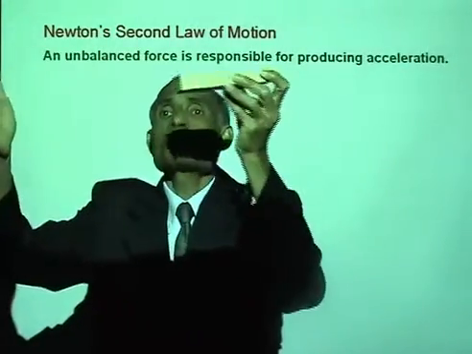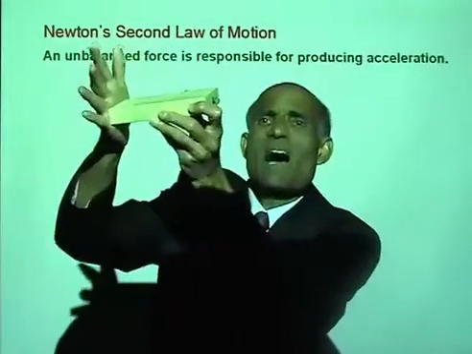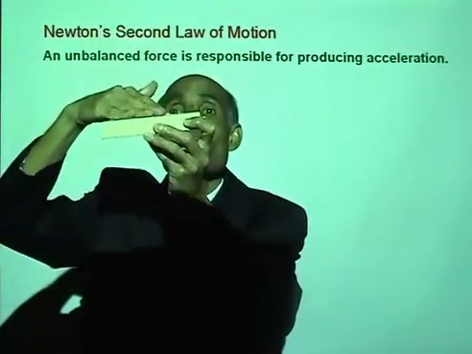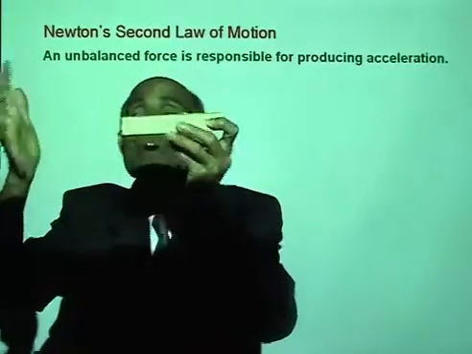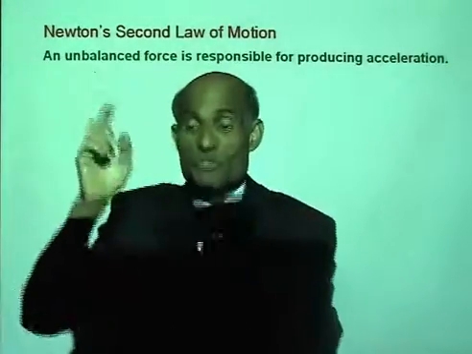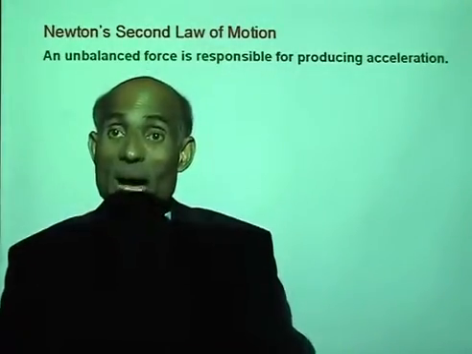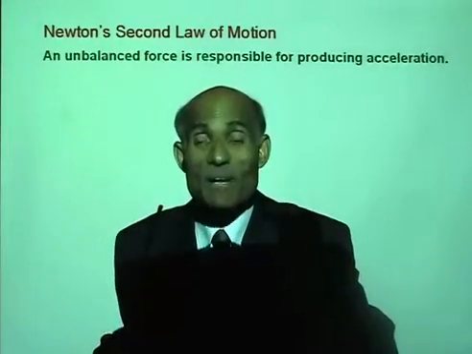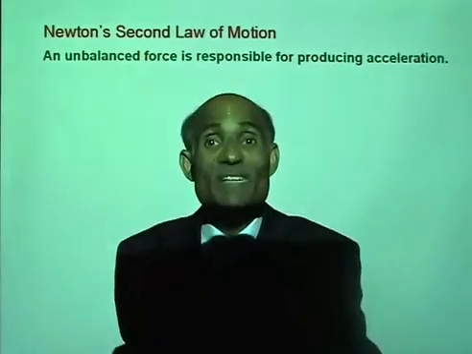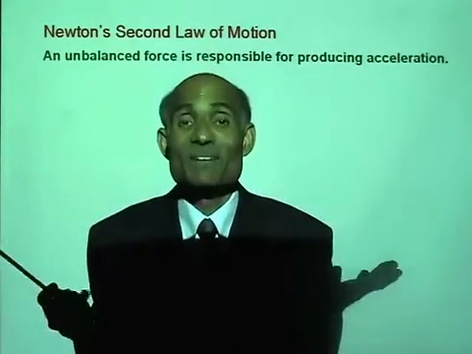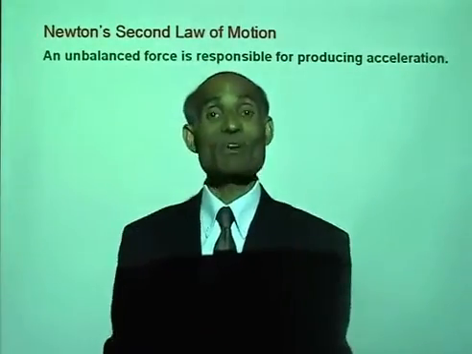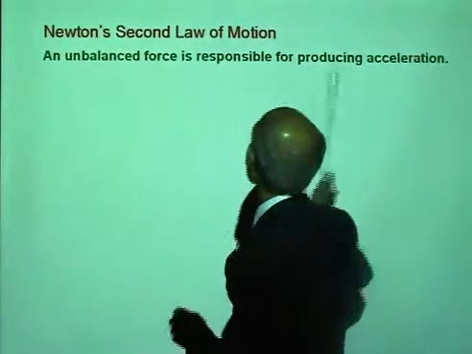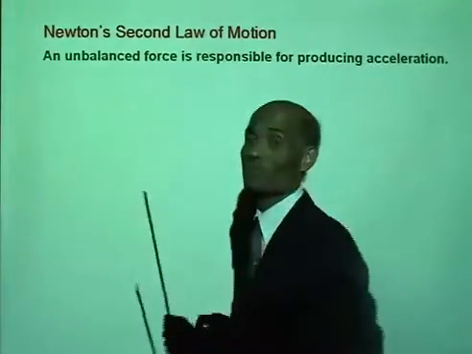The moment a moving object is brought to a stop, its velocity has been reduced from a certain value to zero. It is accelerating. So, if an unbalanced force is acting on an object, that unbalanced force will create an acceleration. So whenever there is an unbalanced force, that unbalanced force will produce an acceleration.